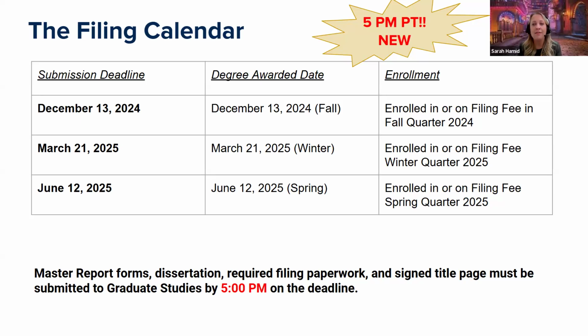Just remember that we have a new pretty strict requirement that we shut this down at 5 p.m. Pacific Standard Time, so California time, 5 p.m. So if you're on the East Coast, you have to take that into consideration and make sure that you're submitting everything at 5 p.m. Pacific time. That's a new rule that we have just because it caused a lot of confusion when we allowed students to file up until midnight.